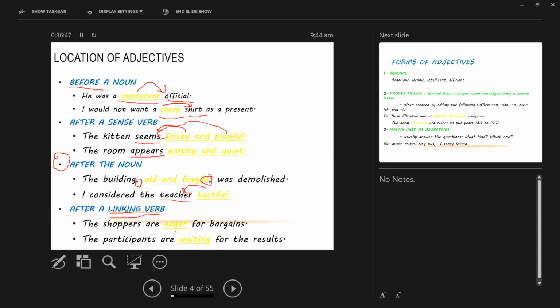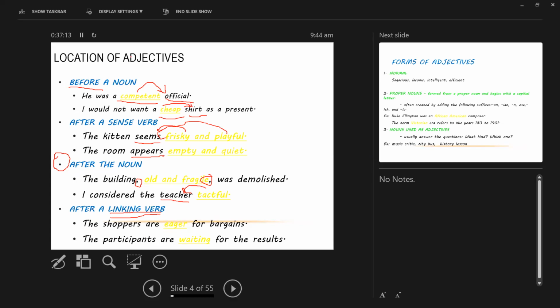Waiting is an adjective that describes the participants. What kind of participants are they? They are waiting participants. What kind of shoppers are they? They are eager shoppers. Okay, you understand how these are used as adjectives and that they modify the main noun of a sentence.